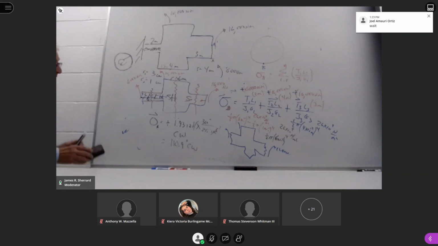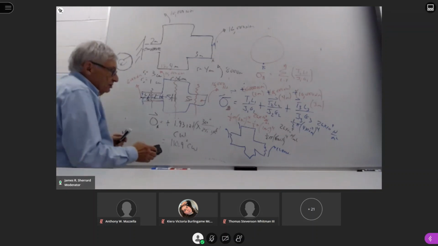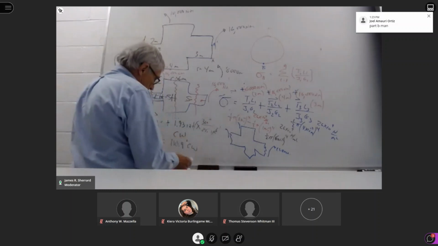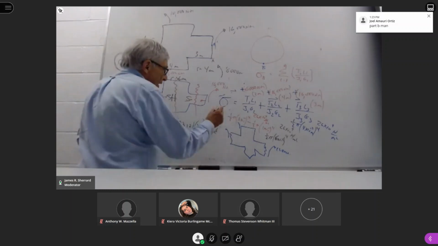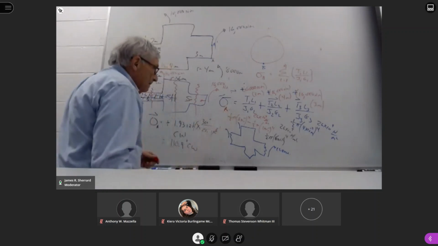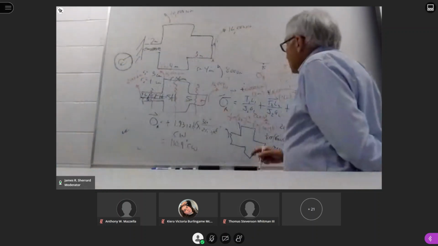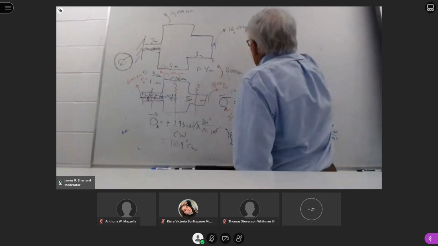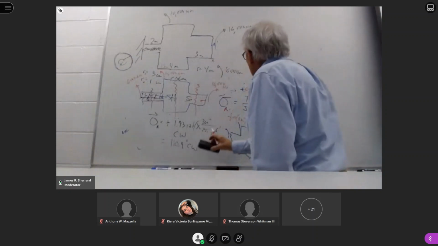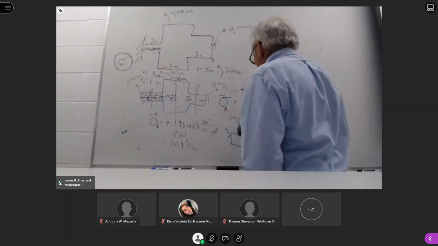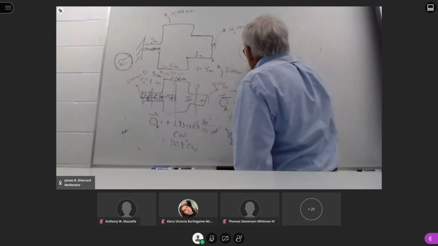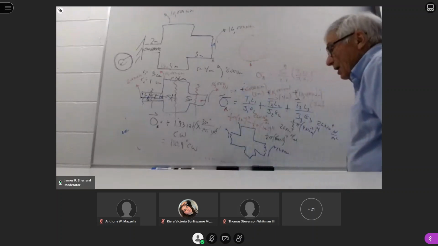If we go back and look at the equation for rotation for A, because we're ultimately looking to see what happened to point A.